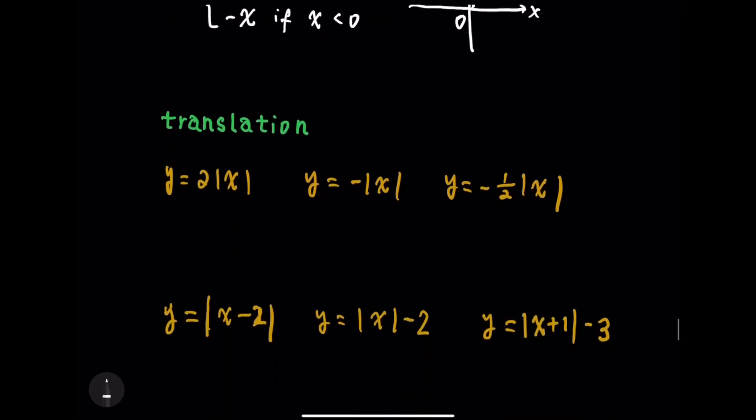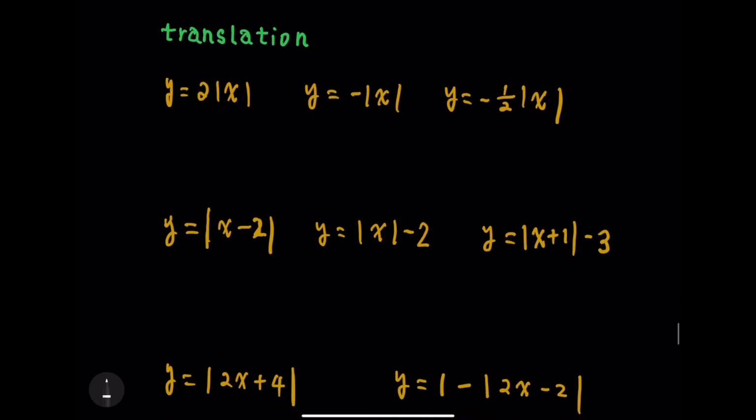So let's see some translation questions. If we know y equals absolute value of x, how do we translate it into y equals 2 absolute value of x? You can see that every single y value is multiplied by 2, so we end up with a curve that is steeper.